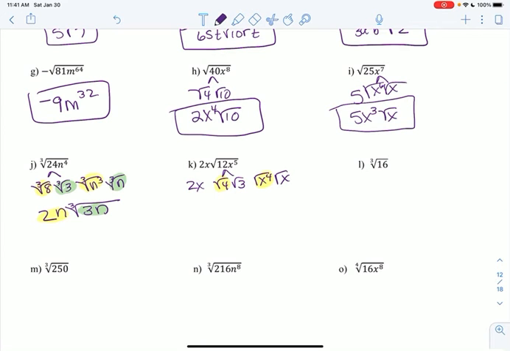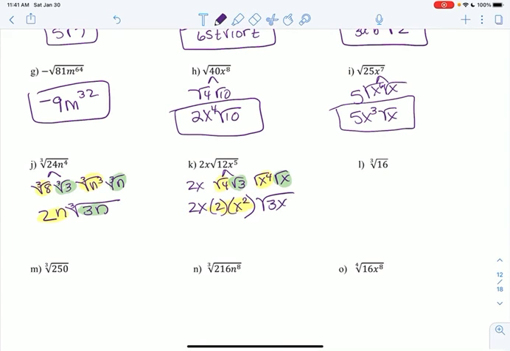Those are coming out. So 2x, square root of 4 is 2, so I'm going to have to multiply that by 2. And the square root of x to the 4th is x squared. Those are all coming out. I'm going to highlight them so you can see how those came out. The ones that are left will stay under the radical.